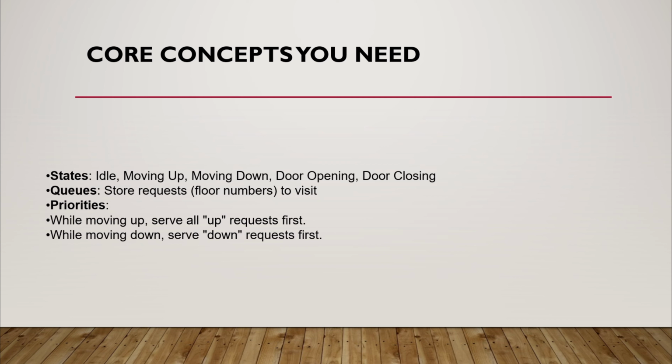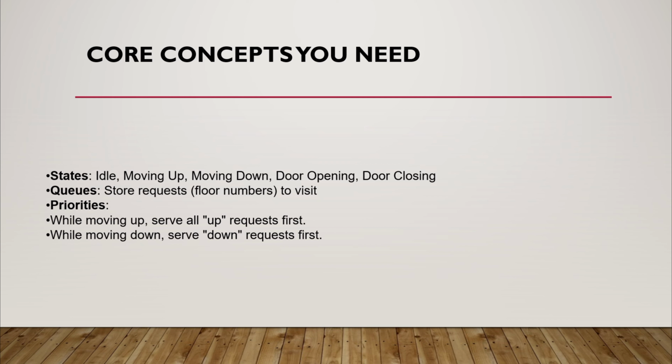Whenever someone presses a button from inside or outside, it is requesting the lift. From inside it is requesting to go to a certain floor, from outside it is requesting a direction: I want to go up, I want to go down. So these are the two things.